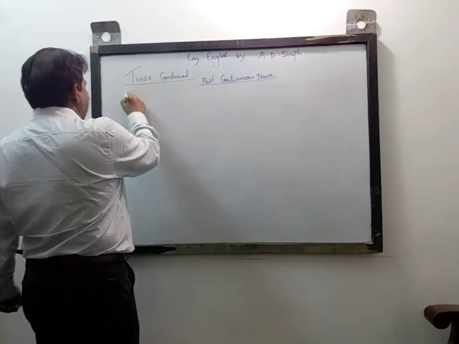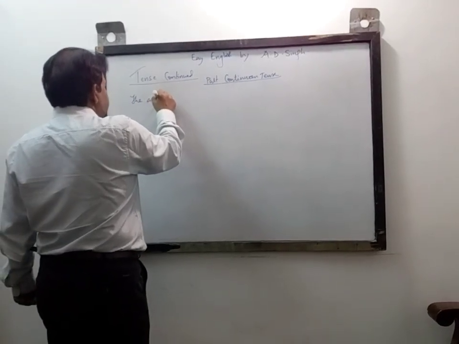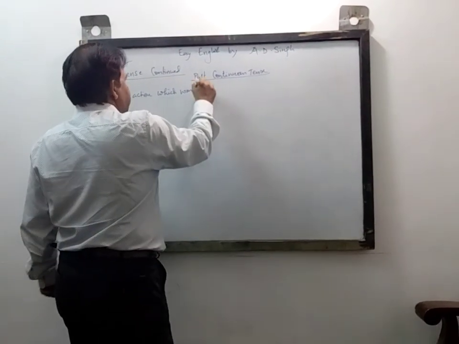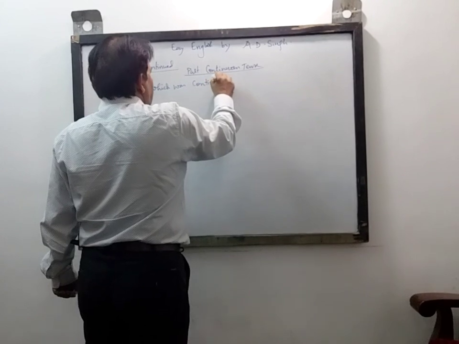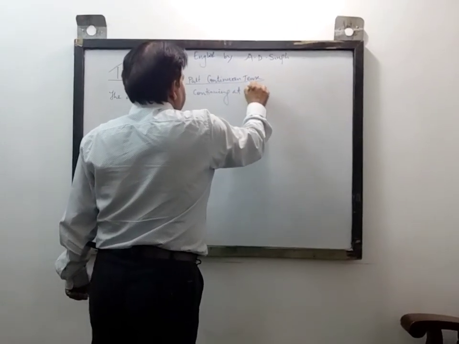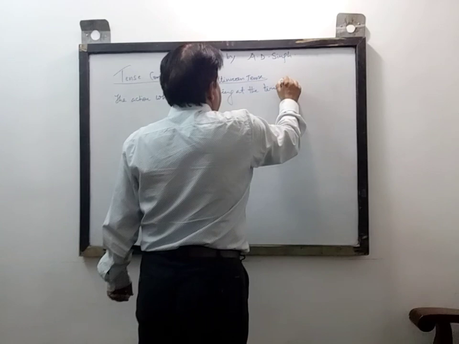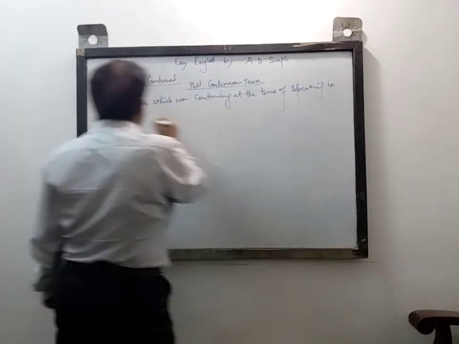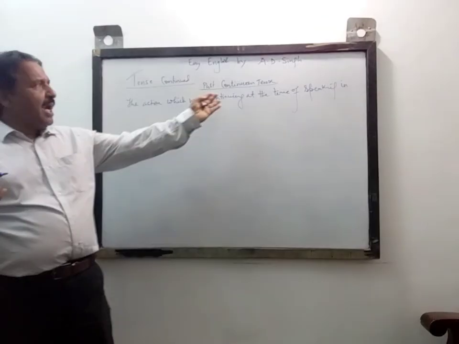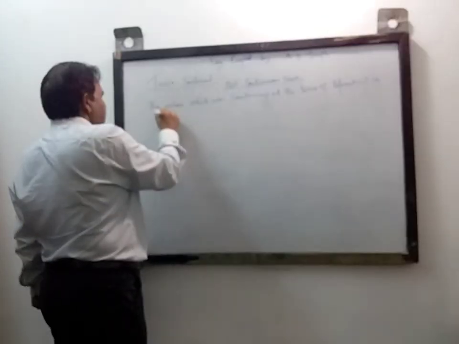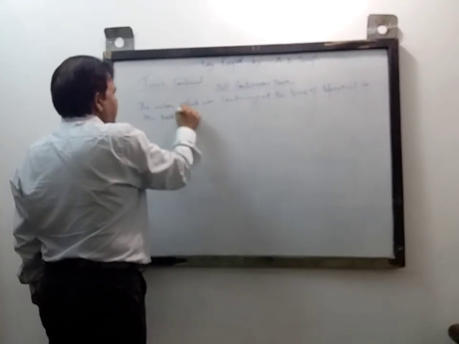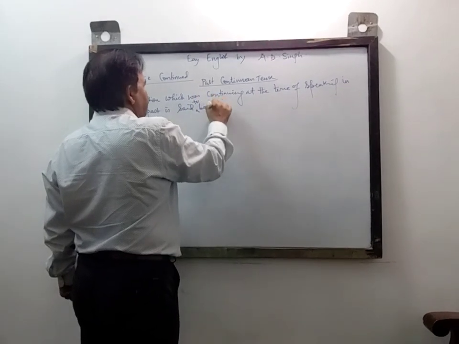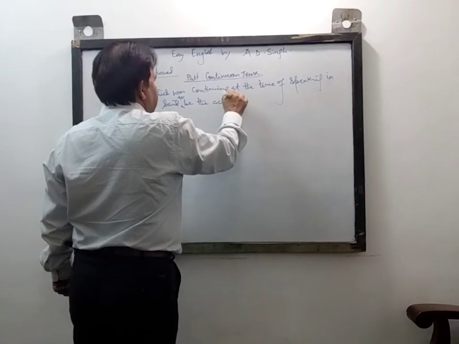Obviously, the action which was continuing at the time of speaking in the past. I repeat, the action which was continuing at the time of speaking in the past is said to be the action of past continuous tense.